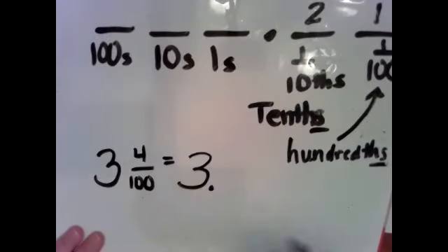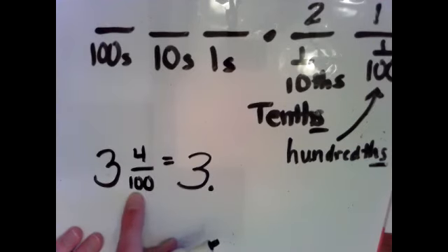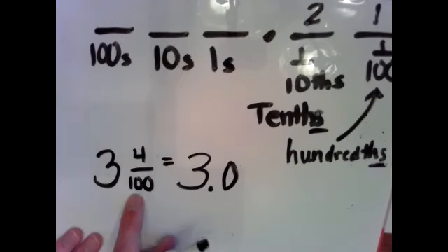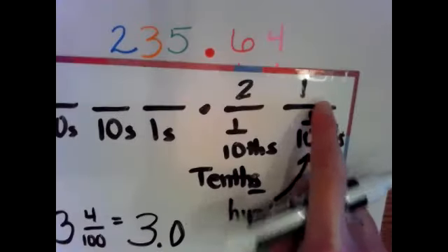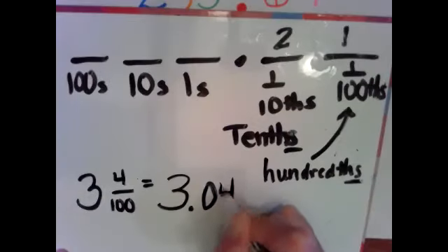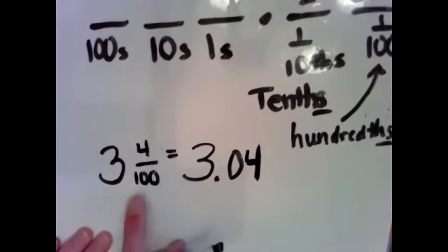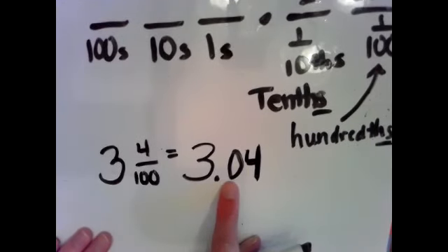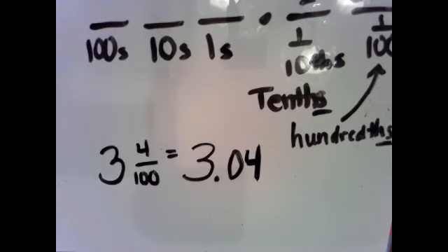And now this 4 is in what place? Is it in the tenths? No, we do not have any tenths, but that 4 is in the hundredths place. I have 4 hundredths. I need to show that I have no tenths here. 3 and no tenths and 4 hundredths.